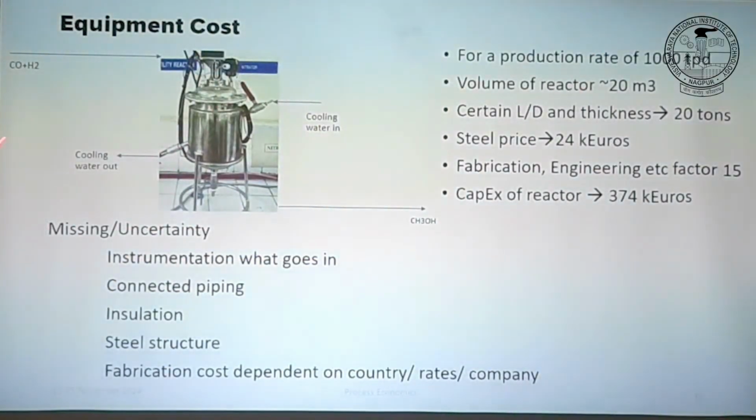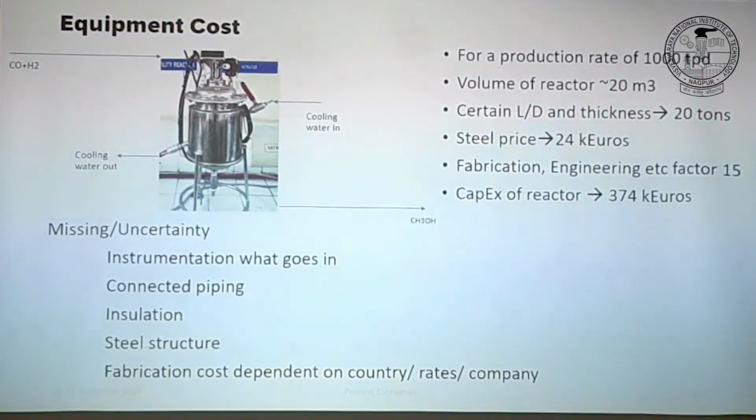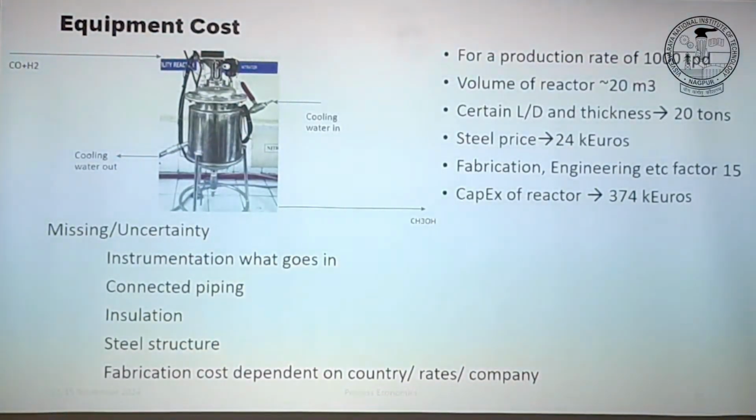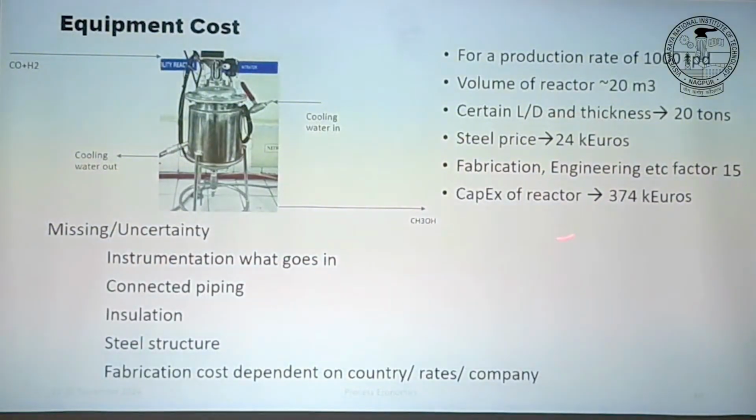So one way is, as we said, you go out in the market and ask for a quote, which will cost you time and money, or you use your own knowledge. Once again, the factor approach. Generally at a very early stage, it's good practice to use factors and estimate your reactor cost or equipment cost, right?